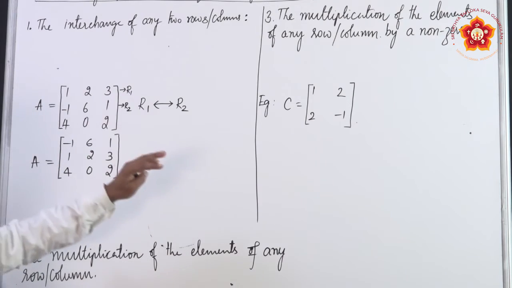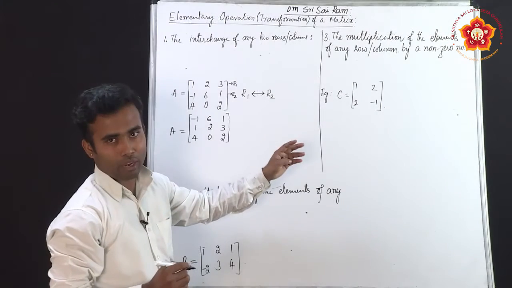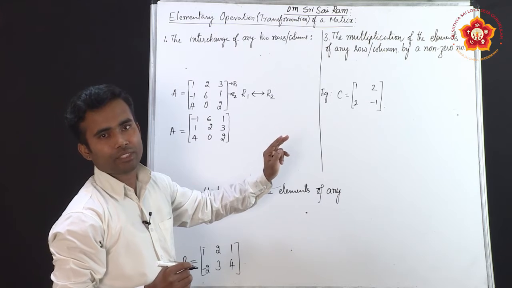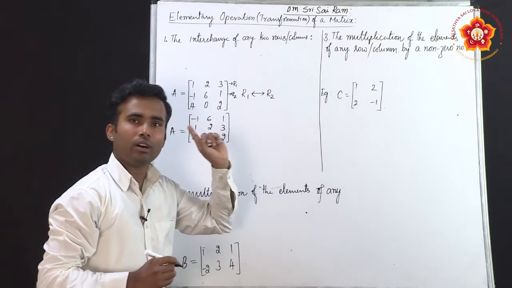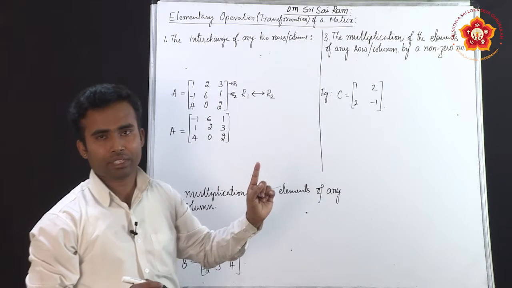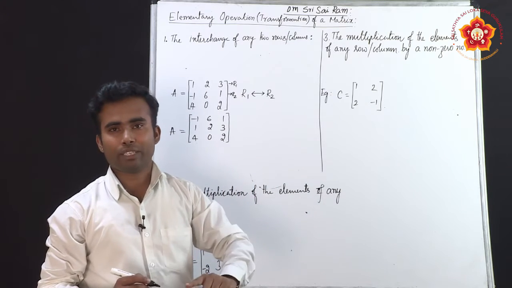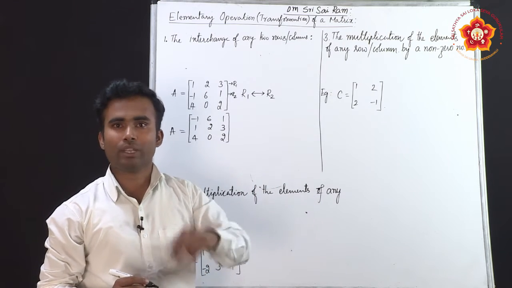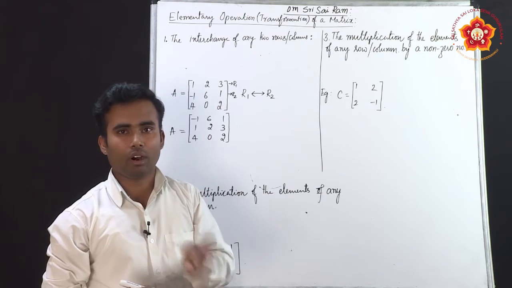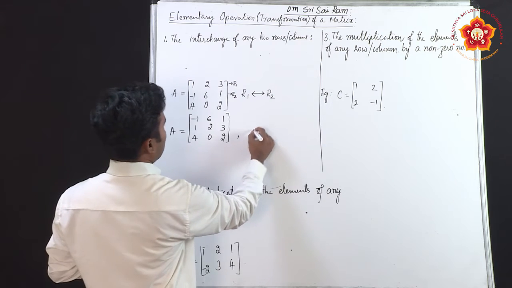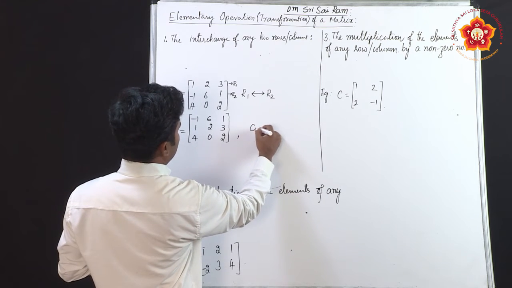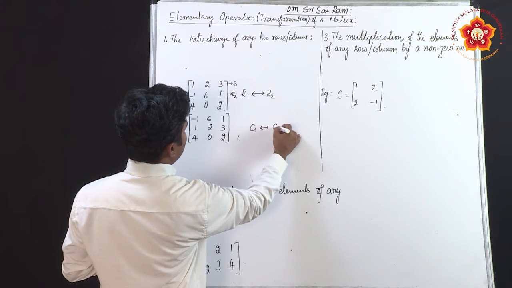Similarly we can do the column operation as well. In case of elementary operations we can do it two ways: either column transformation or row transformation. We do not want to use both at the same time; we have to use either row or column transformation. Similarly, we can do the column transformation, like C1 interchanged with C3.